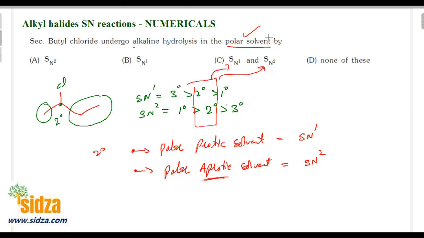But if you have to be a little precise, polar protic or polar aprotic. Polar protic means a solvent like water, a solvent that contains hydrogen that can be replaced, a solvent that can produce H positive ion. That's called a polar protic solvent, right? So in that case, it will be SN1, and polar aprotic, it will be the SN2 mechanism, right?